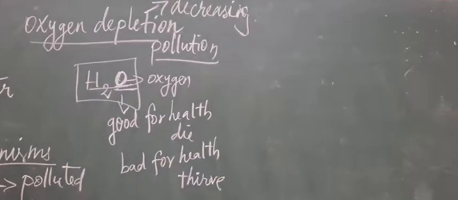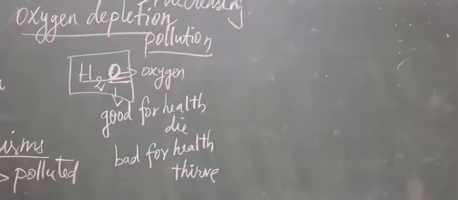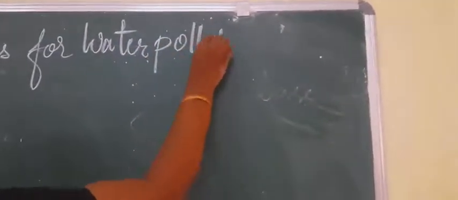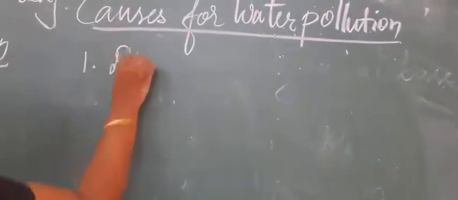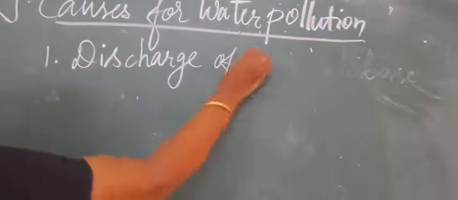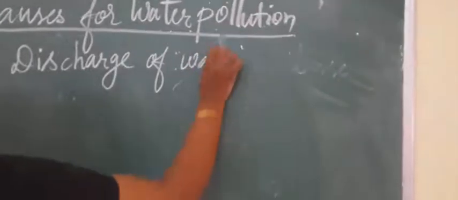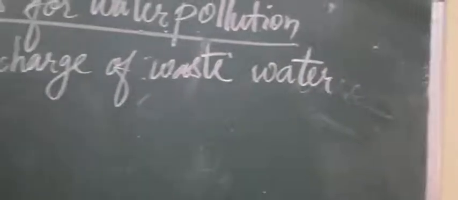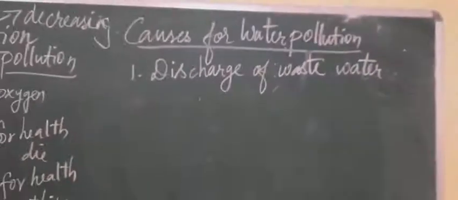Then we are going to see the causes of water pollution. What are all the causes of water pollution? The first is discharge of waste water, even from homes, factories and other places, which mingles in the water bodies and brings water pollution, isn't it?